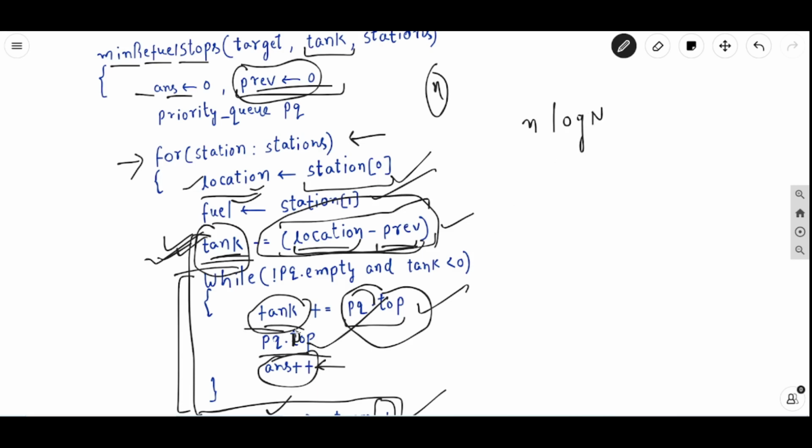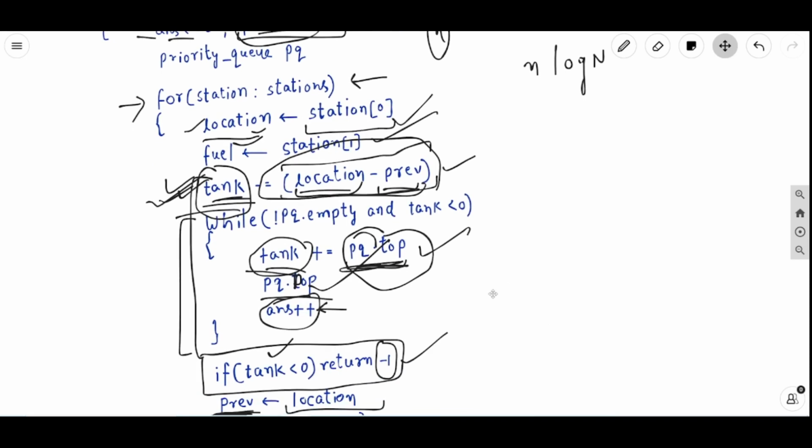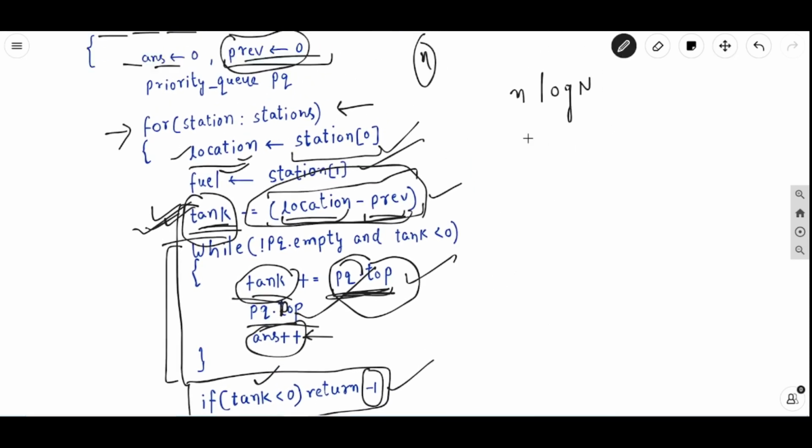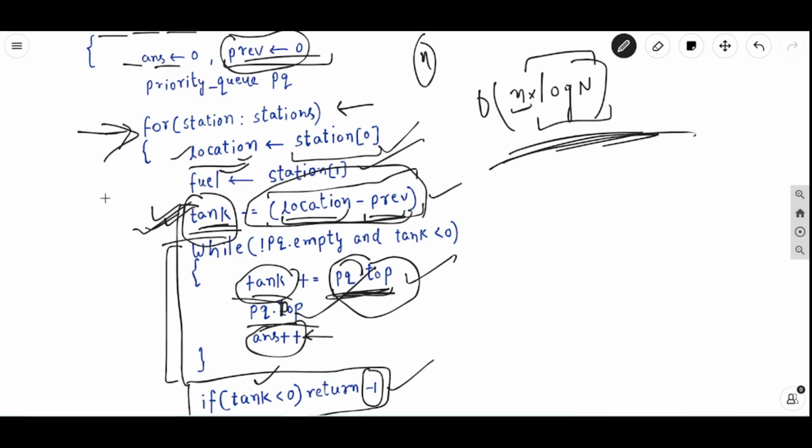Here I'm adding the fuel which the intermediate gas stations are offering. We can see that the push and pop operations for the priority queue consume log n time, and that would be my overall time complexity, which is n log n. Fine, log n for the priority queue and n for iterating over the gas stations.